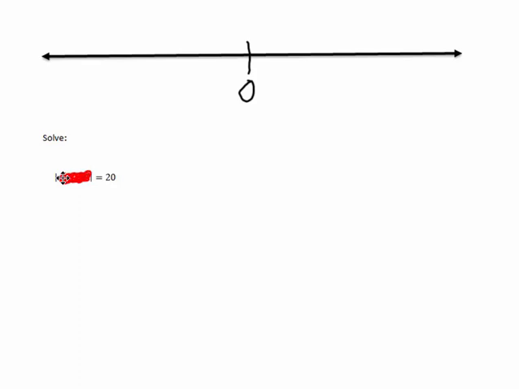Well, when I look at my number line, I go all the way to 20. 1, 2, 3, 4, 5, 6, 7, 8, 9, 10, 11, 12, 13, 14, 15, 16, 17, 18, 19, 20. So here I am at 20. So my total distance here is 20.